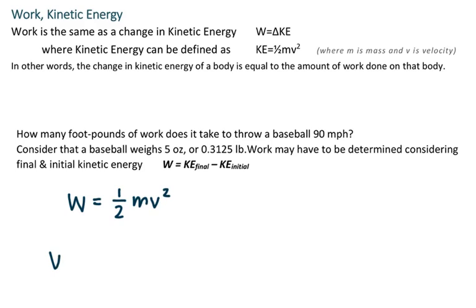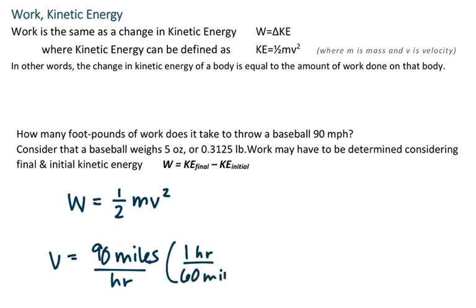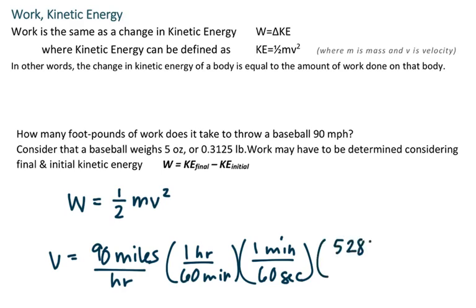So velocity is 90 miles per hour. Converting that, 1 hour gives me 60 minutes, and 1 minute gives me 60 seconds, and 5,280 feet represents 1 mile.